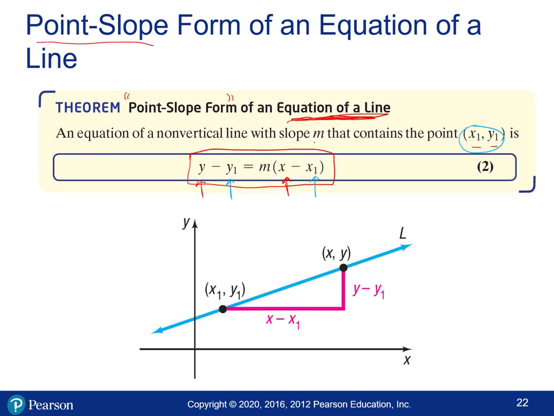I'm also going to plug in a slope right here, and then that is my equation of a line. So I have to know 2 points on my line. Think about it, if you have a line, you do need to know 2 points so that you can find the slope between them and then draw the line through them.